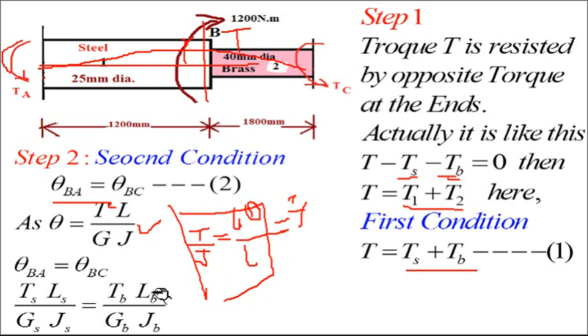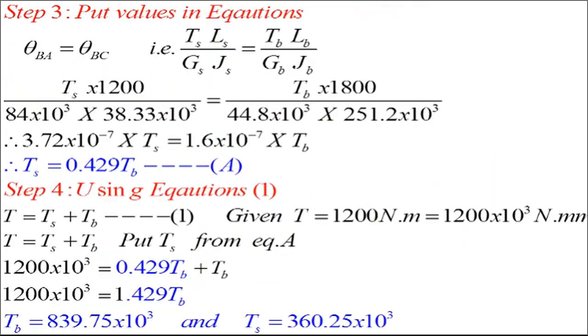Now this is the equation for theta. For BA we have to write the suffix, BA means the steel part. So this equation will be modified for steel and brass. Suffix S for steel and B for brass, which means TS LS upon GS JS equal to TB LB upon GB JB.